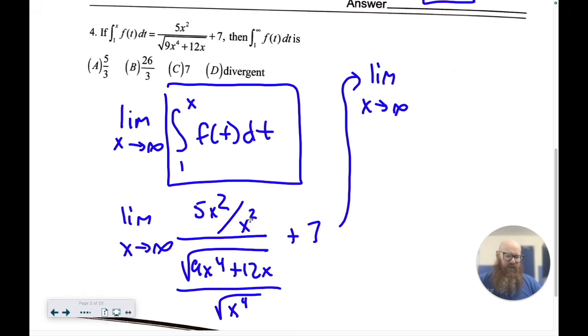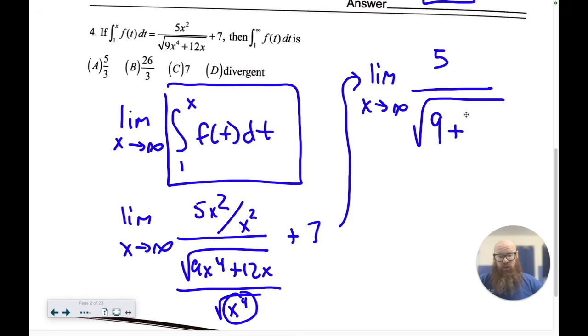And then that allows me to simplify this, so that gives me 5. And it also lets this x to the 4th infiltrate itself into the square root because I'm doing a square root divided by a square root. So I get one big square root, and 9x to the 4th over x to the 4th is 9. And 12x over x to the 4th is 12 over x cubed. And I have this plus 7 that we can't forget about.